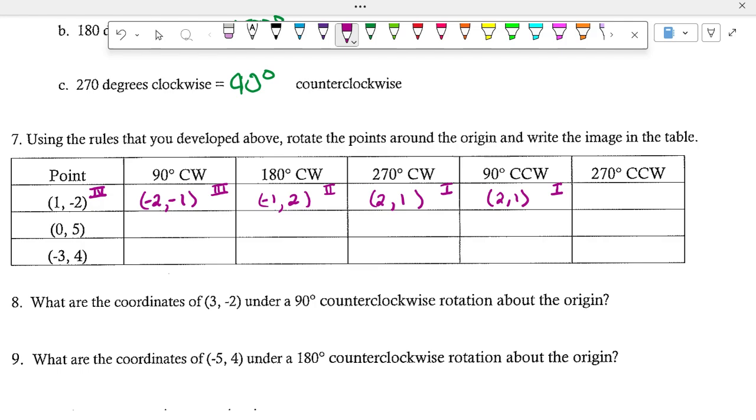Easy peasy lemon squeezy. What about 270? That's 3 quadrants away from 4, counterclockwise. So 1, 2, 3. What quadrant do I end up in? 3. And what was the point when we ended up in quadrant 3? Negative 2, negative 1.